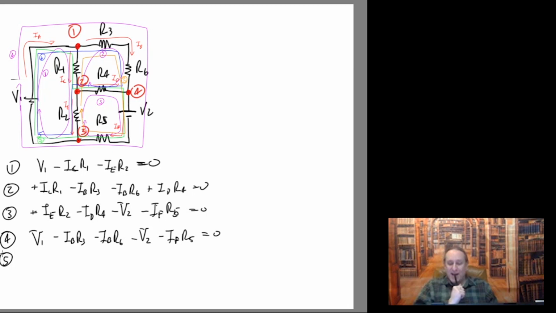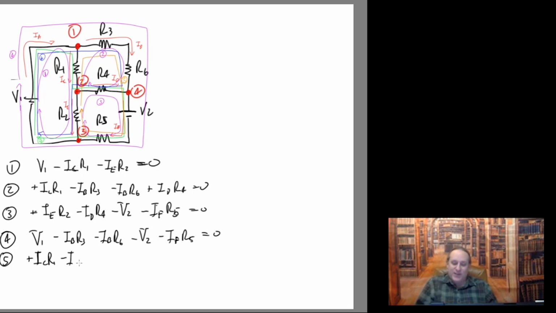Then for loop 5, I'm starting it, I guess, technically above the R2, so I'll include that last. So I have a plus IC R1, because I'm going against the current as I go across R1.